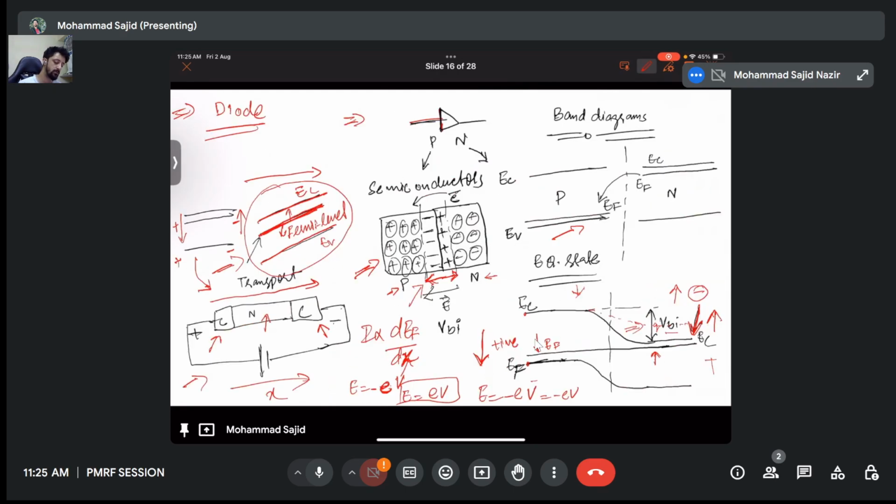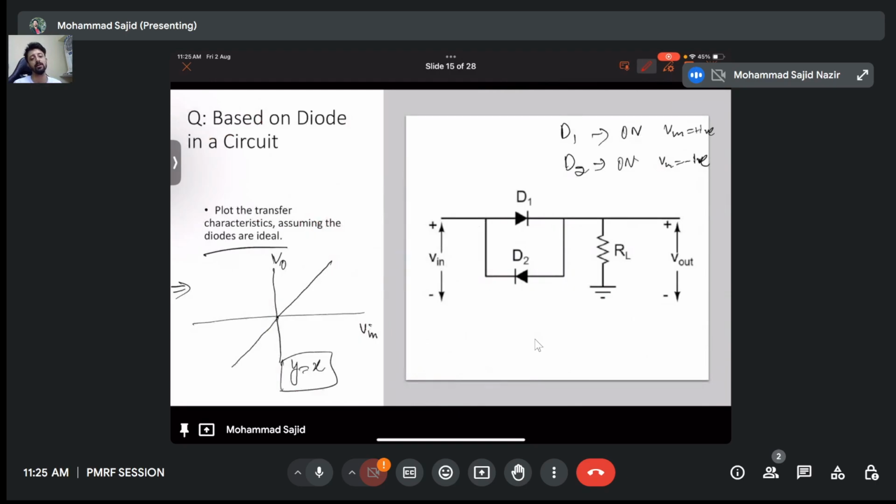But for this question, we are saying that the diode is completely ideal. That means once you apply a positive voltage, it conducts, and once you apply a negative voltage, it does not conduct. So I have two diodes here, D1 and D2, and V1 is applied.